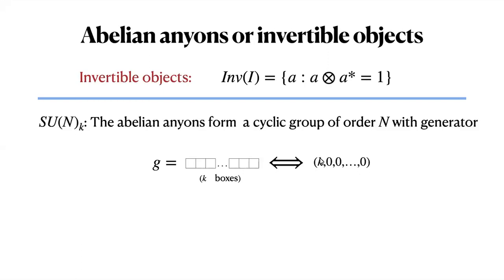That corresponds exactly, in terms of the weights, to K times the first fundamental weight. Also, if you have a simple object, let's say, for example, this g, and you apply the tensor product with any other possible simple object, your tensor product will be again simple.